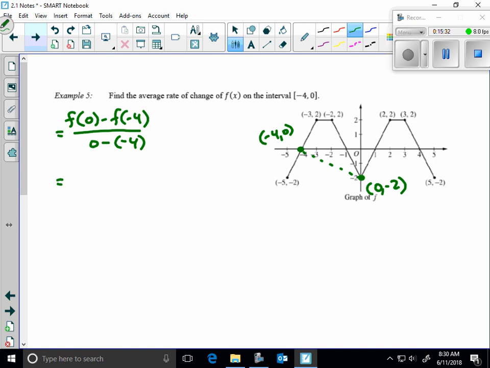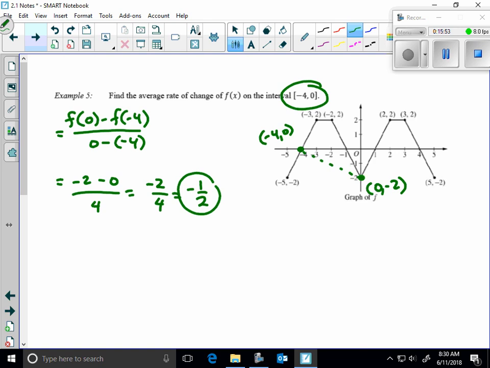And this will give me my average rate of change. So f of 0 is -2. F of -4 is 0. 0 minus -4 is 4. Looks like I get -2/4, which is -1/2. That's your average rate of change of that function on the interval from -4 to 0.